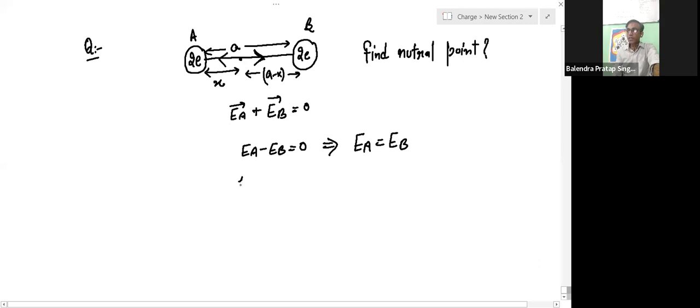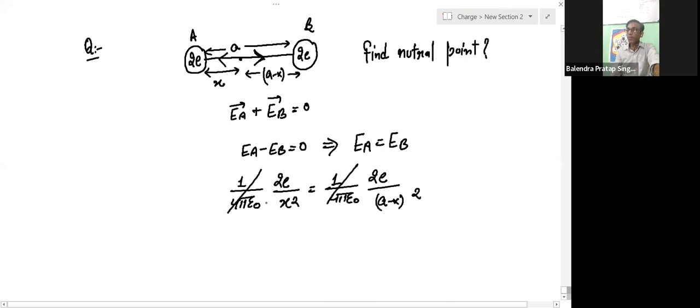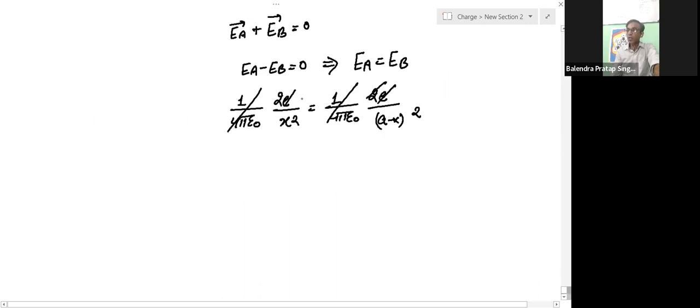So write the value of Ea, which is 1 over 4 pi epsilon naught times 2e divided by x square, and Eb is 1 over 4 pi epsilon naught times 2e divided by (a minus x) whole square. Here 1 over 4 pi epsilon naught cancels out, small e cancels out, and 2 and 2 are also cancelled. So what remains?